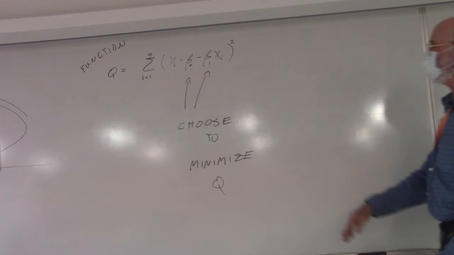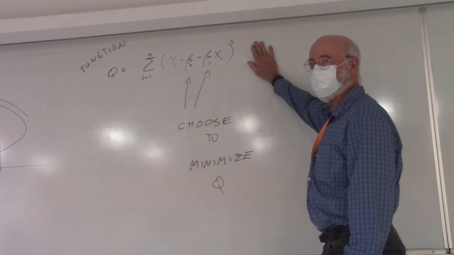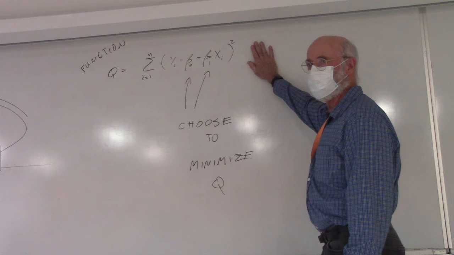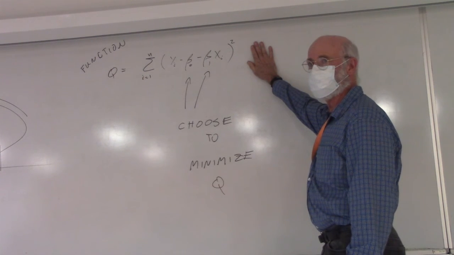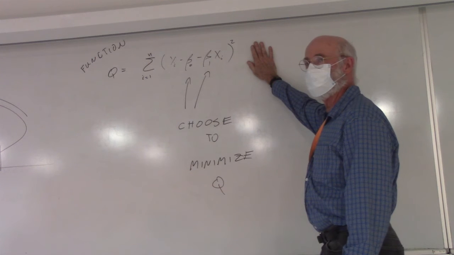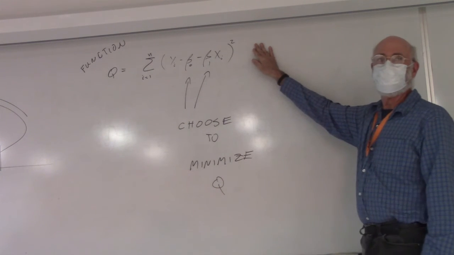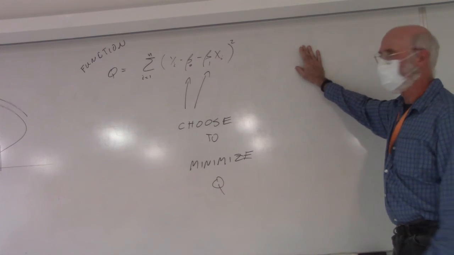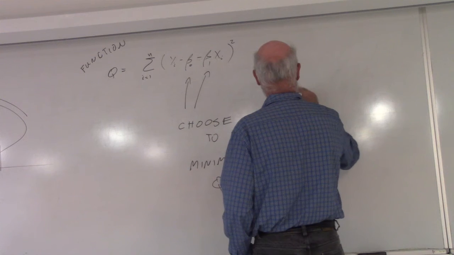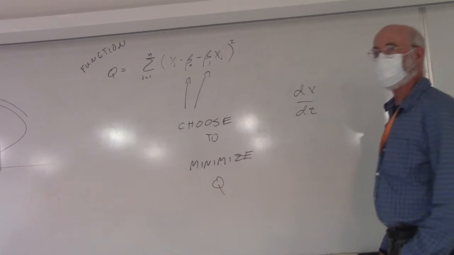So, let's take the derivative of this function to find out where the minimum is. Okay, but wait. You didn't do that in first semester calculus. What you did in first semester calculus was dx dt, right?